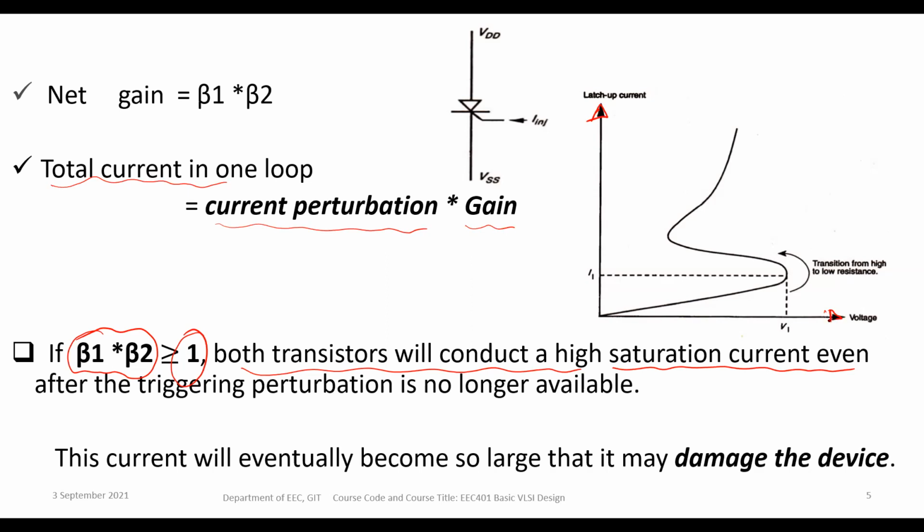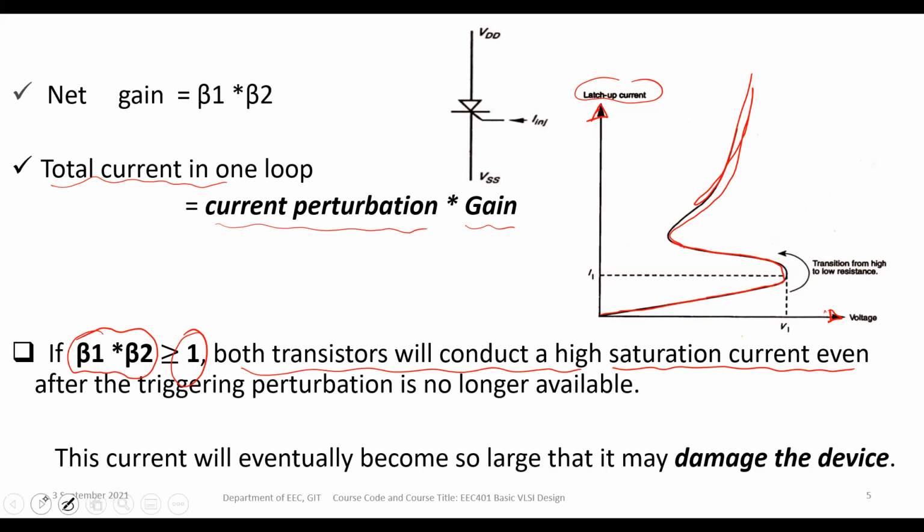The huge amount of current I told you about is called latch-up current. The current characteristic is something like this. It gradually increases, reaches the negative resistance region, the transition from high to low resistance, and then reaches the maximum value. So the current characteristics are something like this for the CMOS device.